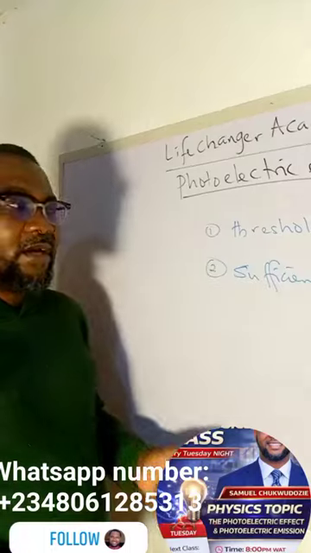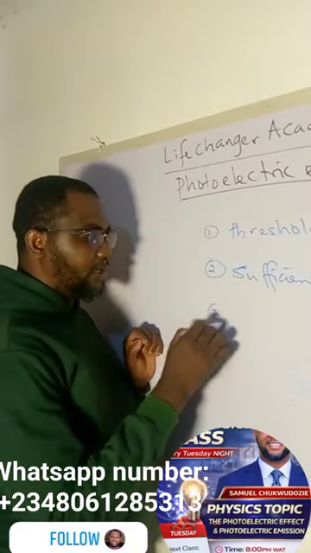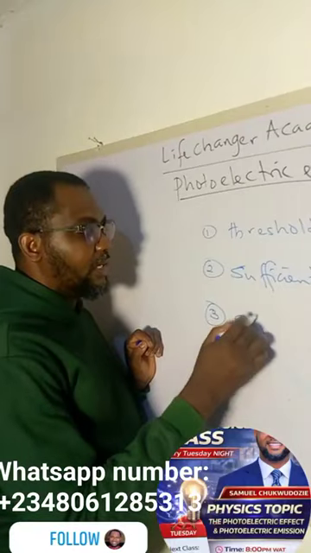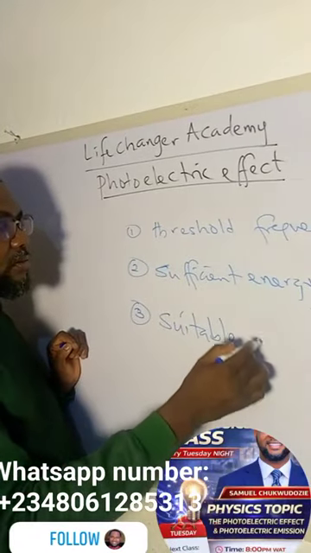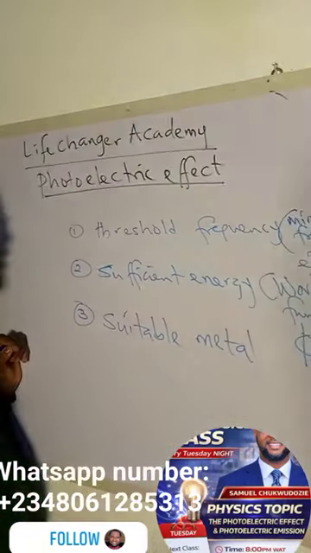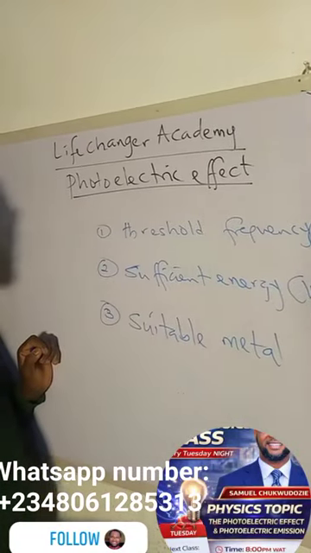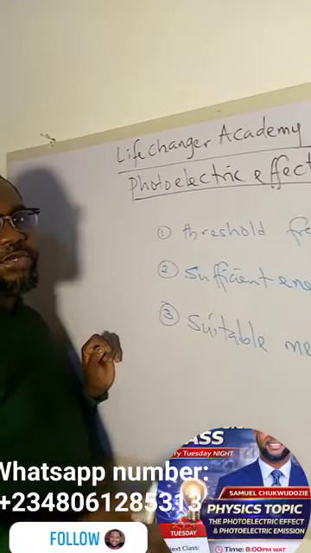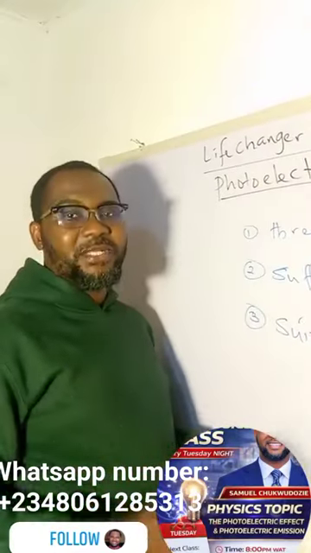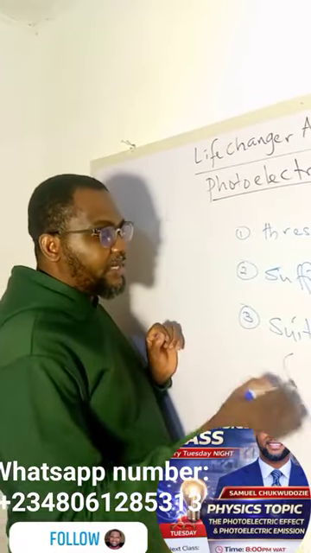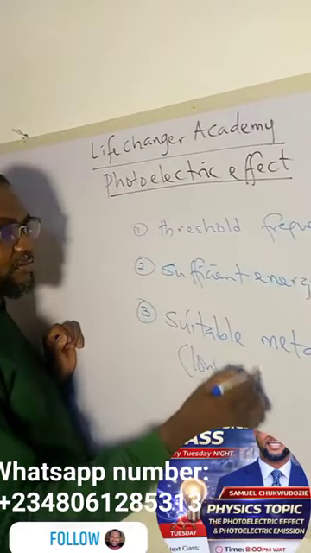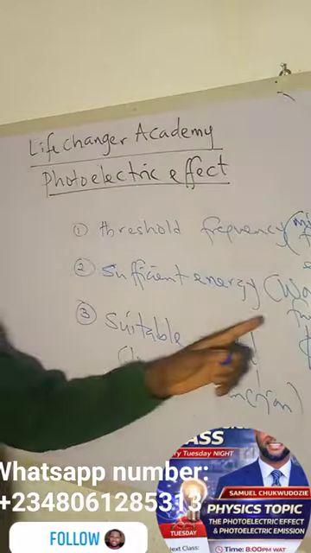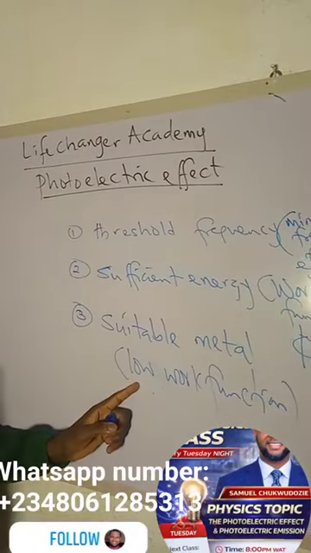Now, the third condition, number three, is that the metal itself has to be suitable. When we say suitable metal, it means that the metal must be such that it can easily emit electrons, or the metal must have a low work function, because the work function is a characteristic of the metal.